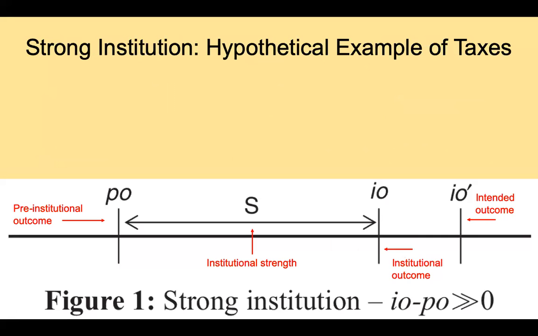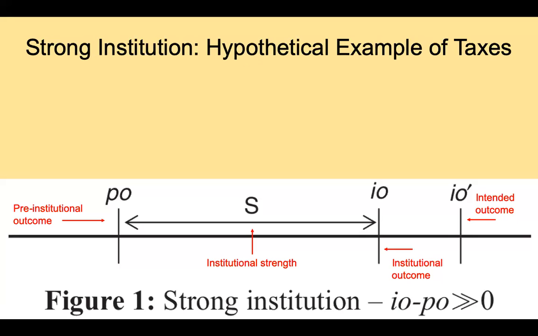Now, let's take a few examples and start to think about how we would conceptualize a strong institution in a number of different policy areas using the concepts and categories that I've given you so far.